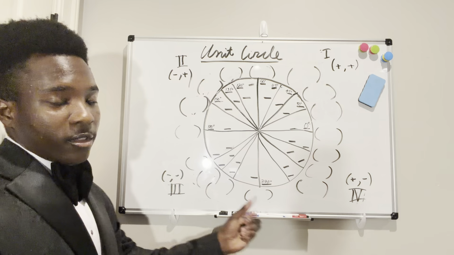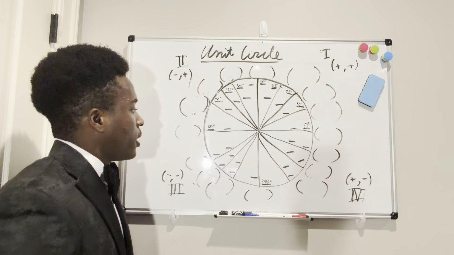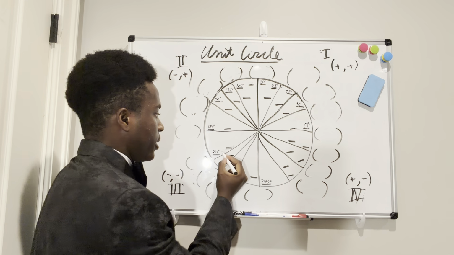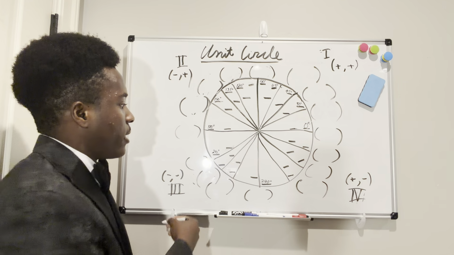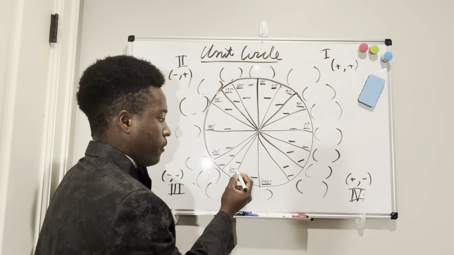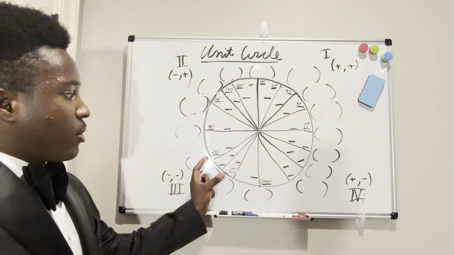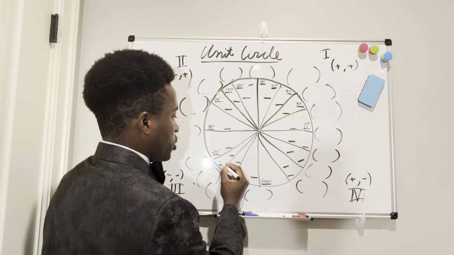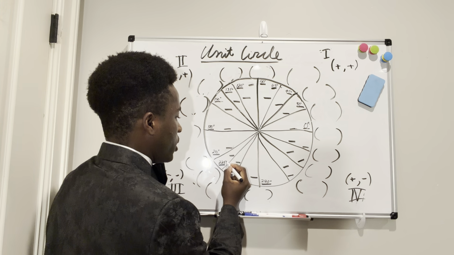Now we're going to fill in the bottom half. We have another 30 degree jump right here, 210 degrees. And then another 30 degree jump right here, 240 degrees, and the halfway point between 210 and 240 is 225 degrees.